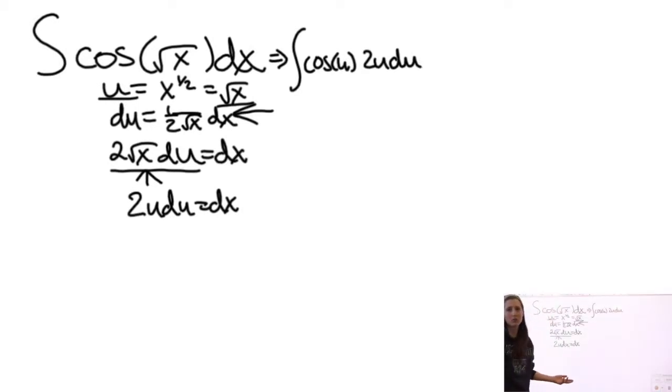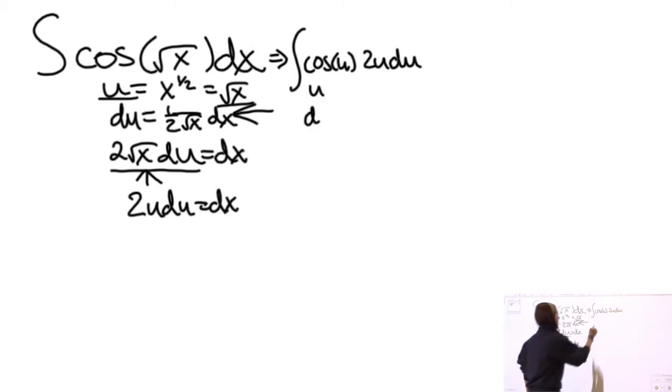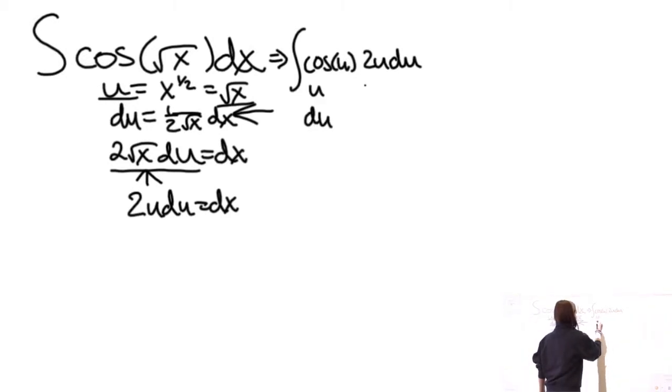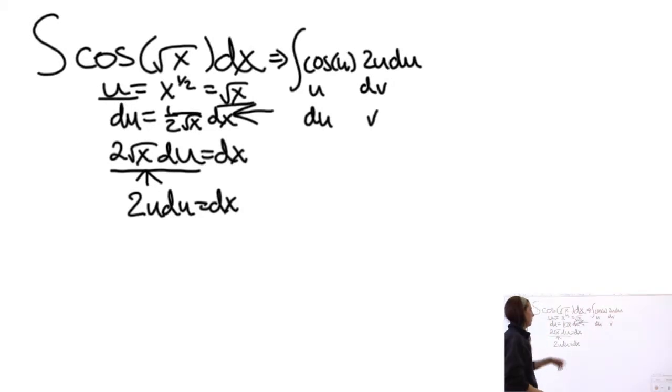Okay, that's sweet. Now, fun begins, and we can do integration by parts. So we can do u, du, dv. Now, if you were to go and do this one yourself, you might want to use a different value than u for your parts, just to make it easier on yourself.